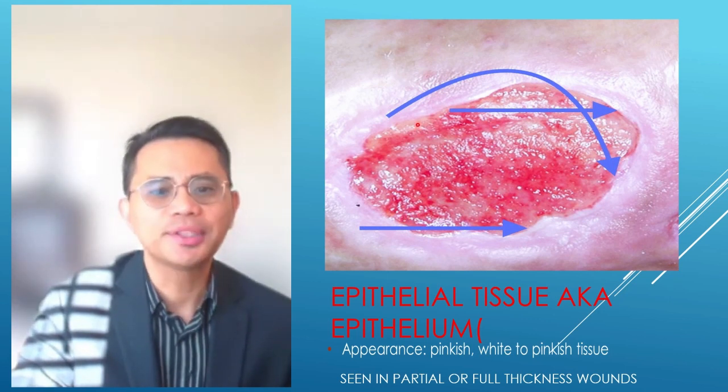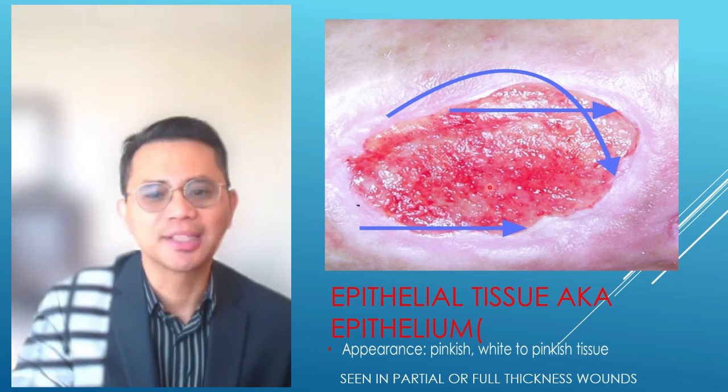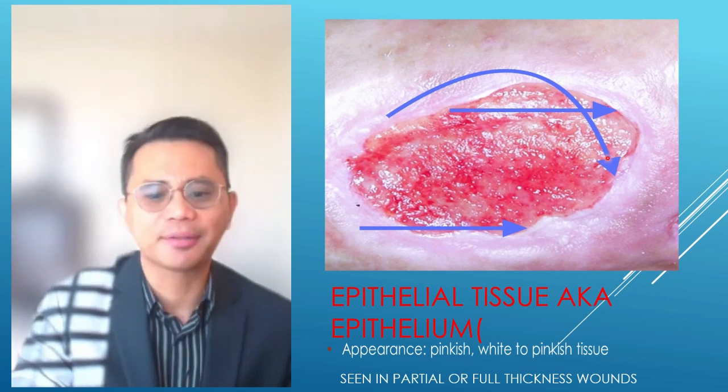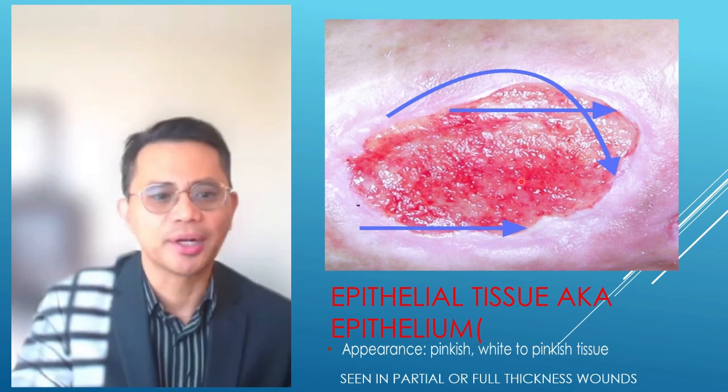The horizontal movement is stopped when cells meet, and it's known as contact inhibition. It is crucial that the pathway of these cells migrating towards the center should be free of any debris or necrotic tissue, or else they will not be able to migrate completely.